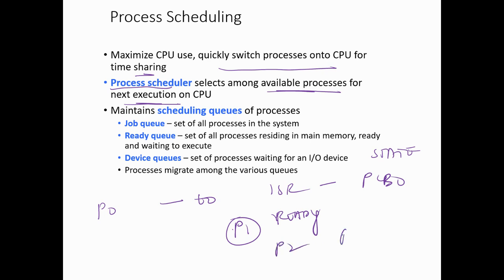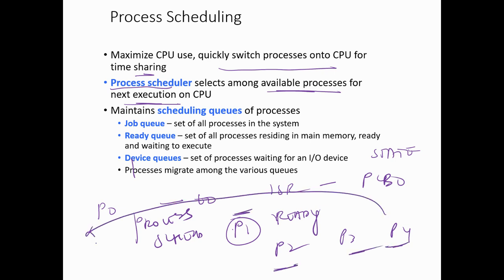Let's have P1, P2, P3, P4. There are lots of processes, say four to five. Who's going to select the process for the next execution on the CPU? The one is nothing but the process scheduler, which selects the process so that it starts executing inside the CPU.